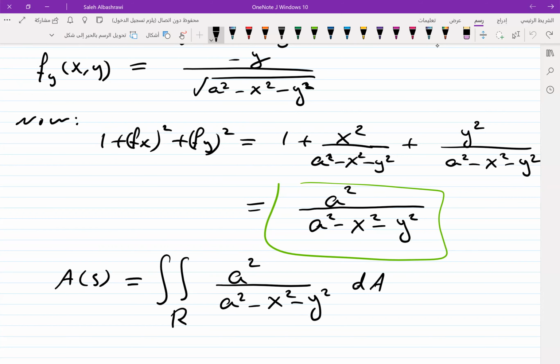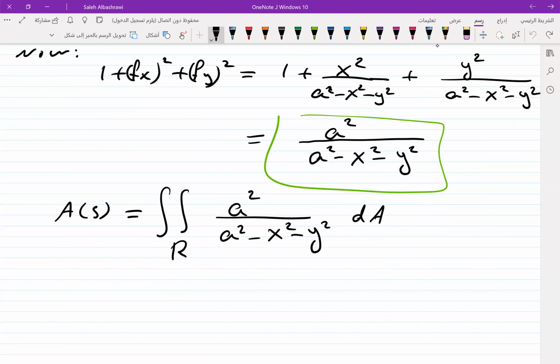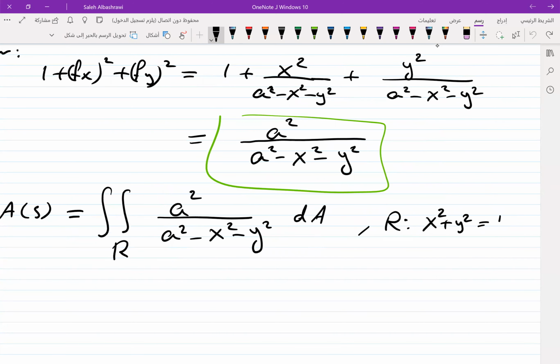Where R is defined by x squared plus y squared equal to b squared. This is our R, the circle in the xy plane. Now I need to integrate this one.